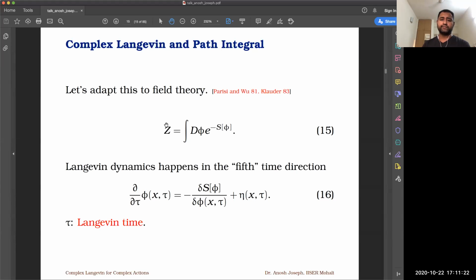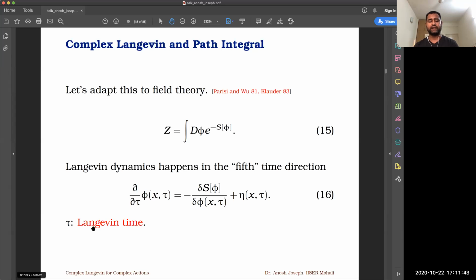Let's adapt this concept to field theory. Parisi and Wu, and Damgaard and Hüffel in '83, applied this idea to quantum field theory in the path integral formalism. So Langevin dynamics happens in a fifth time direction. We need to introduce an additional parameter, or a time direction, and this is called Langevin time.